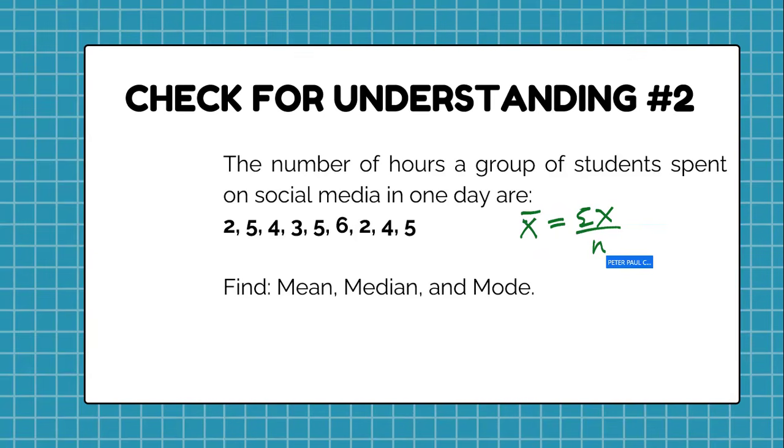Add everything using your scientific calculator, then divide by the total number of data, 1, 2, 3, 4, 5, 6, 7, 8, 9. So that's divided by 9. What's your answer? Very good. The answer is 4.